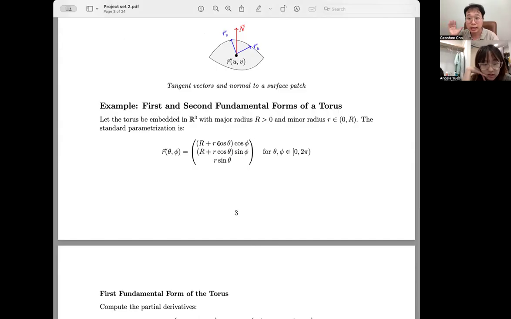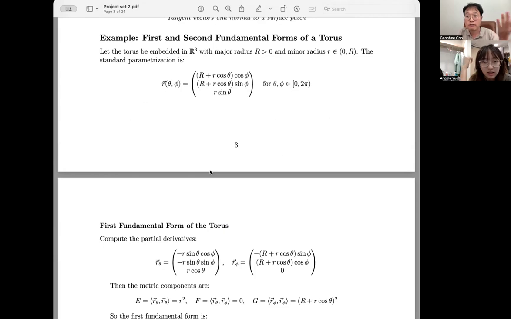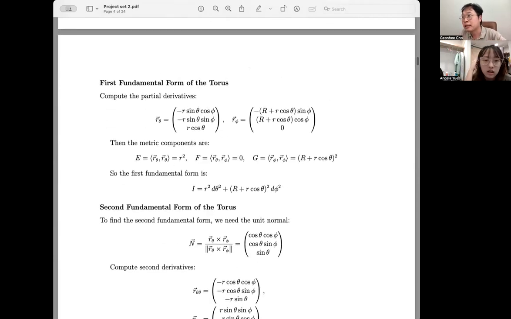I'm not talking about the meaning, I'm just saying proceed with the computation. Because we only care about the value. Even though this can be easily found by just searching on ChatGPT, I want you to do it by hand. This is important experience.